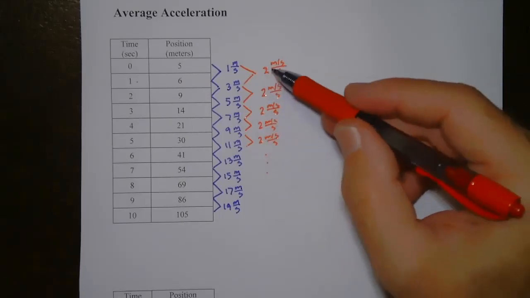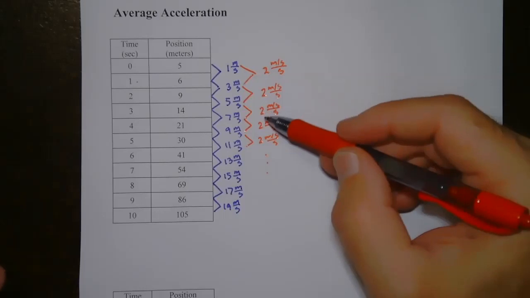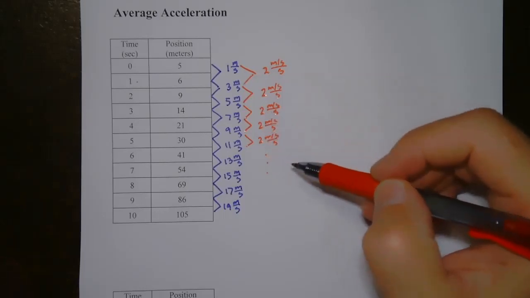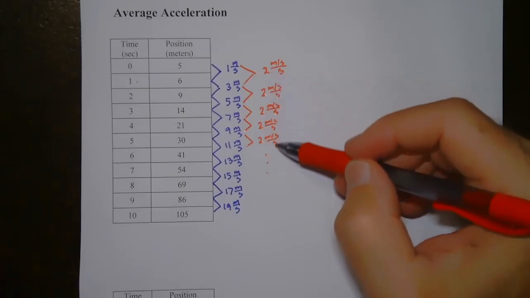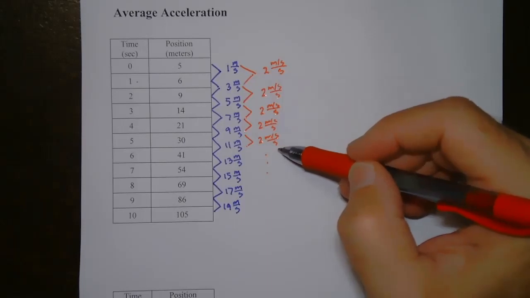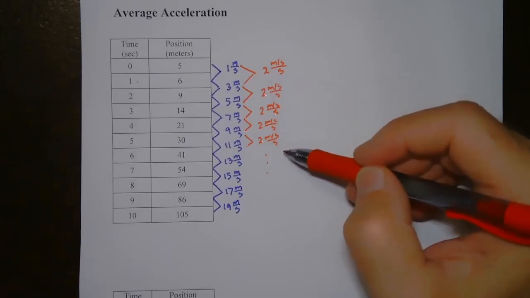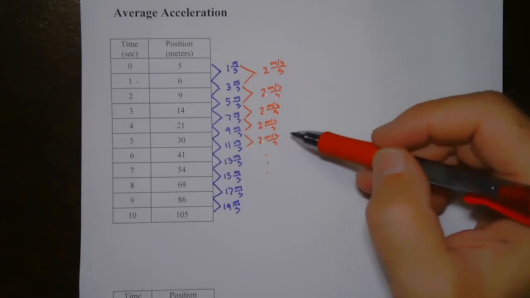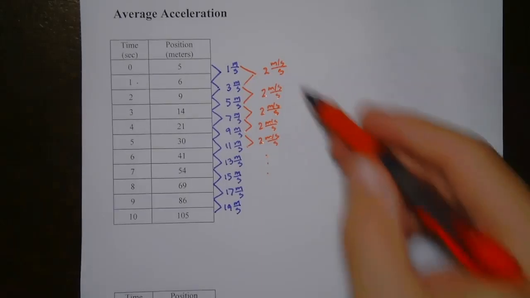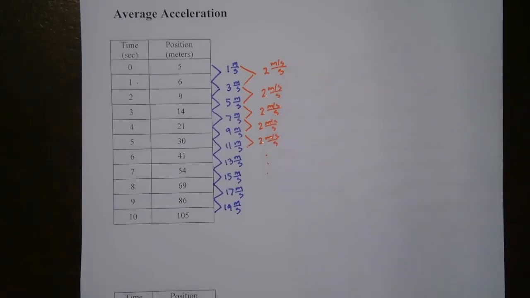So when you get your acceleration, it's always going to be constant. It has to be. Because if the acceleration was changing, we actually need calculus for that. So we can't do it because you guys don't know calculus. So everything we do in this class, the accelerations are not going to be changing. They're going to stay constant.